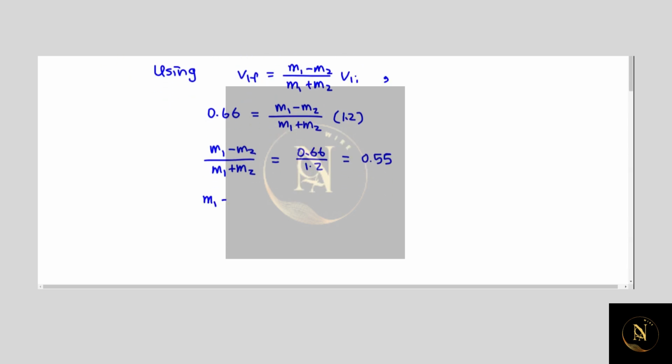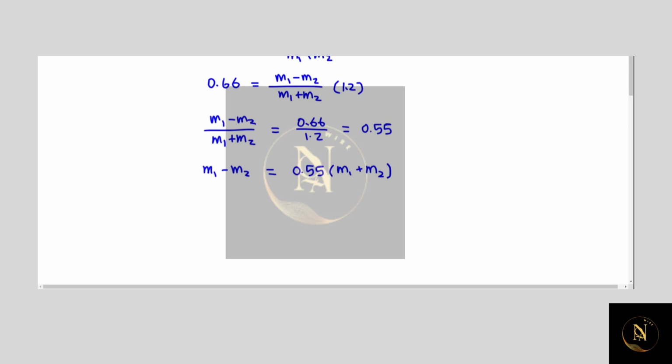You have M1 minus M2 is equal to 0.55 times M1 plus M2, and you have 1.55 M2 is equal to 0.45 M1. So M2 is 0.45 divided by 1.55 of M1.